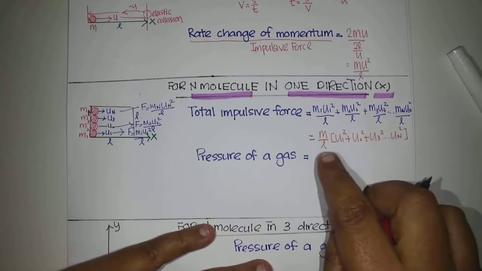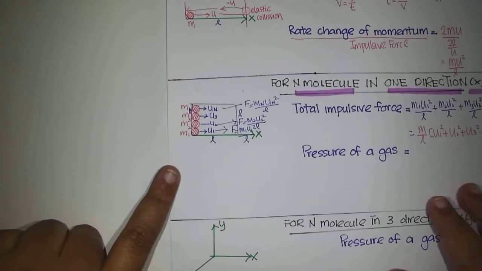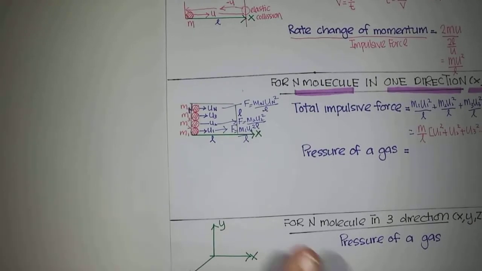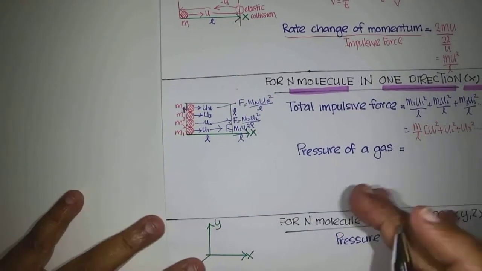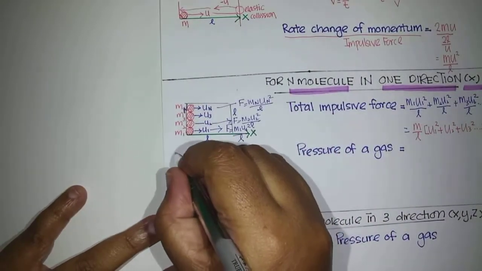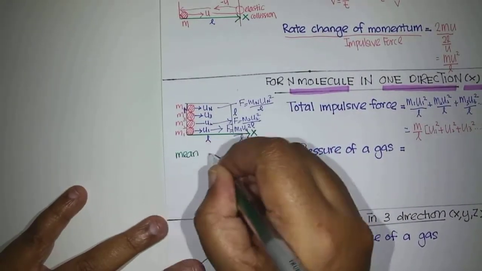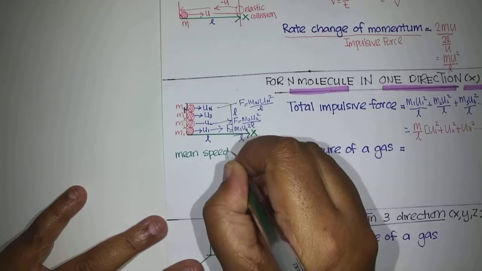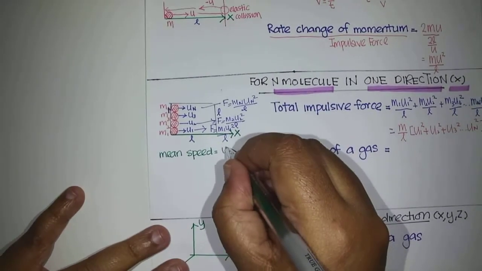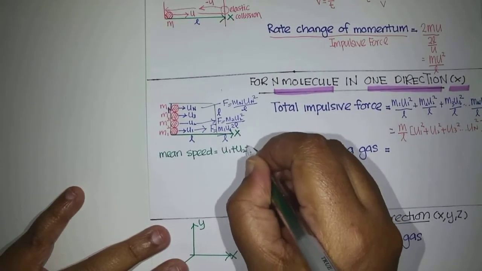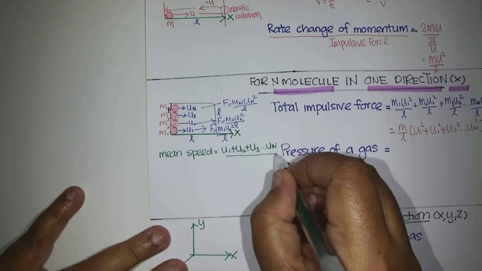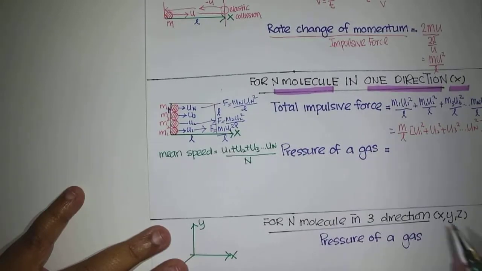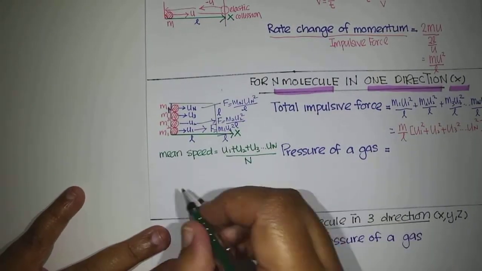Alright, now let's look at this. Go back to this. Let me take another color pen. For these molecules, the mean speed will be U1 plus U2 plus U3 up to Un, divided by the total number of molecules.